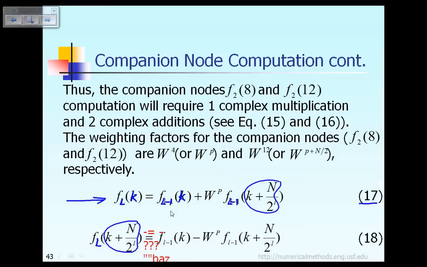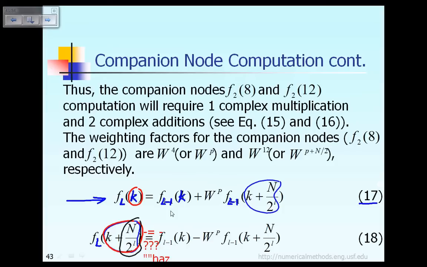And as you can see, the location of node K and the companion node differ by the distance N divided by 2 raised to the power L.